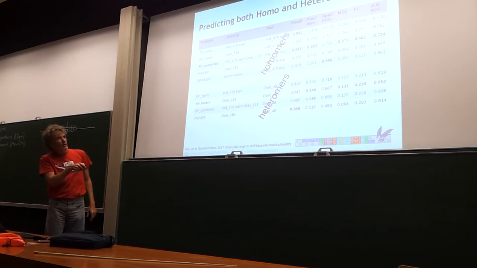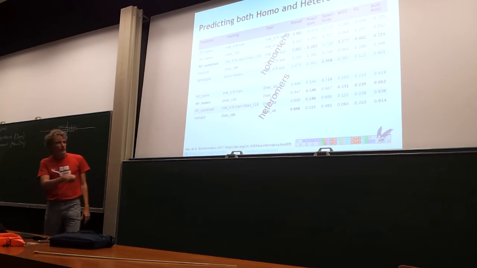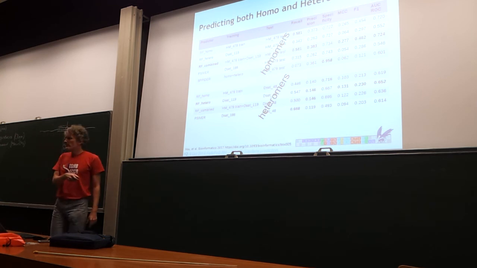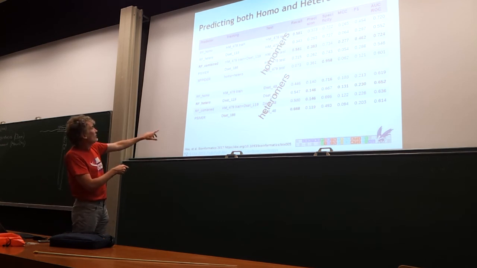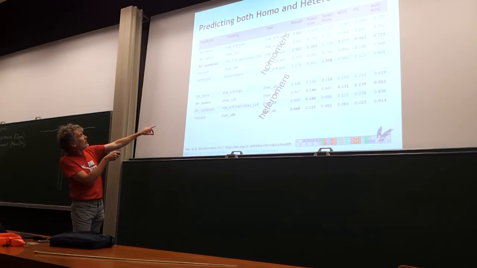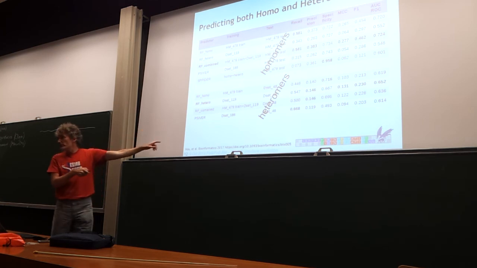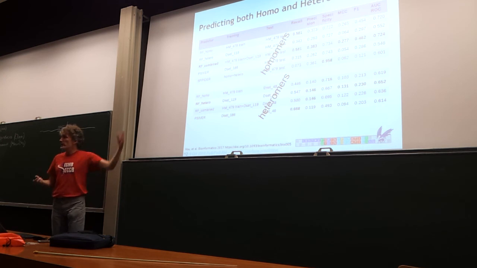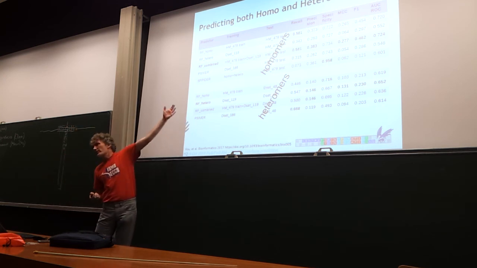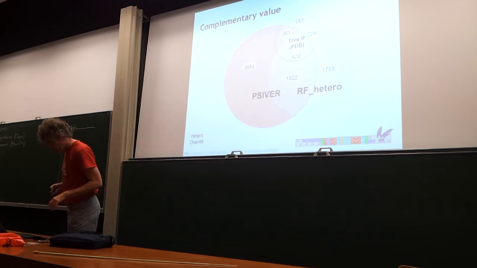With the heteromeric trained one tested on heteromeric interactions, we get 0.65. It's a little bit worse, not a lot. Yeah? So if you don't know, you should use this one, because it's good in both cases. If you know you're interested in heteromeric interactions, you use the heteromeric trained one, because it's slightly better. Okay, well that's the story.